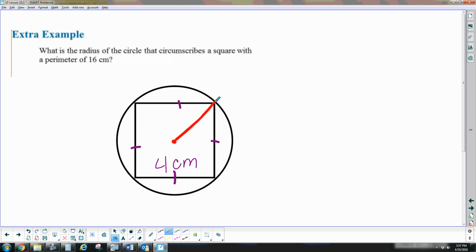Now we don't know this length right here that goes from the center of the square to the corner of the square, but pretty easily using the Pythagorean theorem, we could find this whole diagonal of the square. So the diagonal of the square is the hypotenuse of a right triangle. And this right triangle has two legs that are both 4 centimeters. So a squared plus b squared equals c squared.